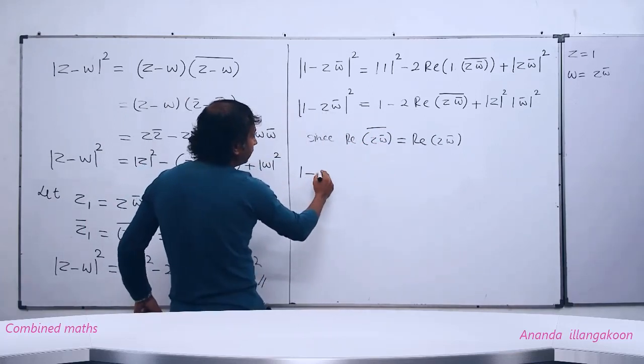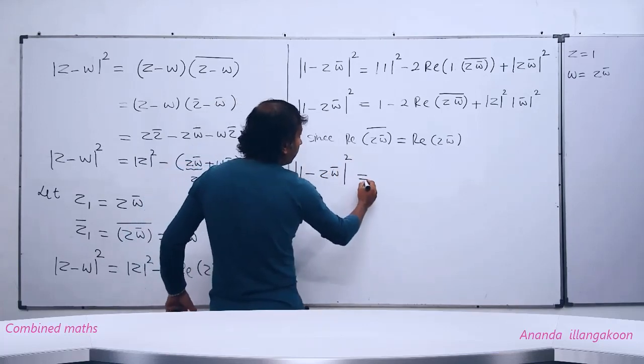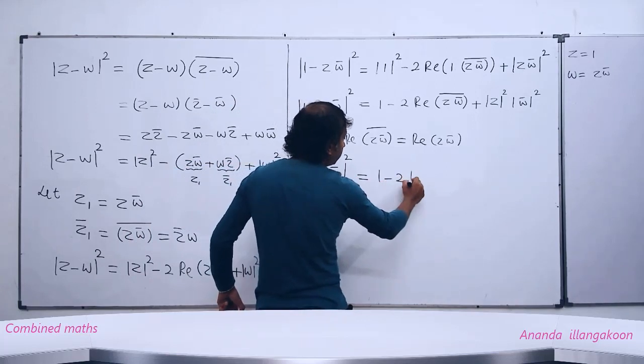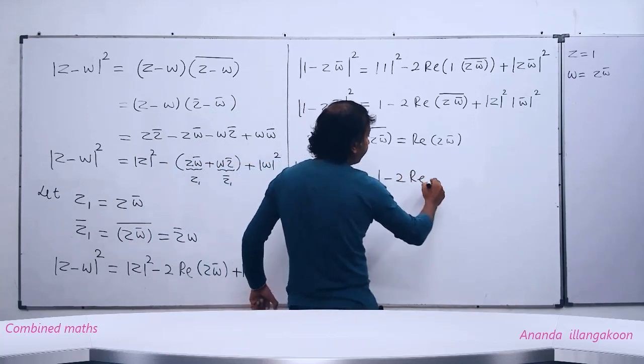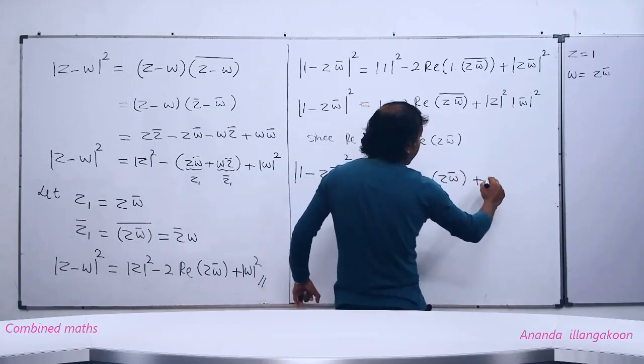So 1 minus Z W bar modulus squared is equal to 1 minus 2 times real part of Z W bar.